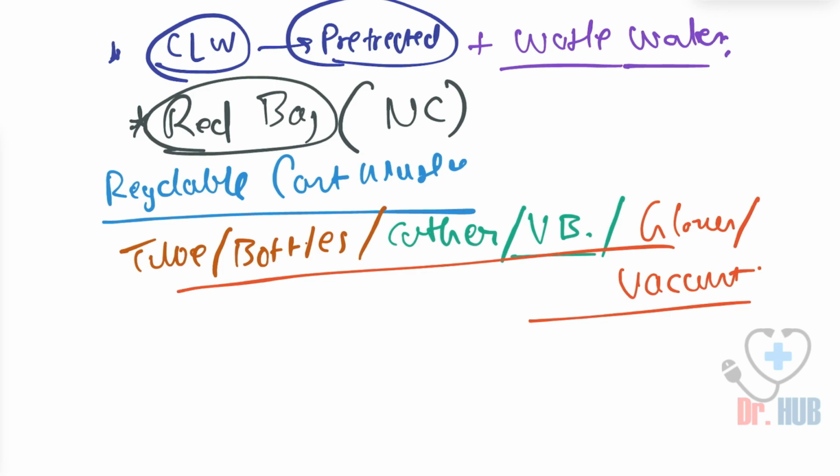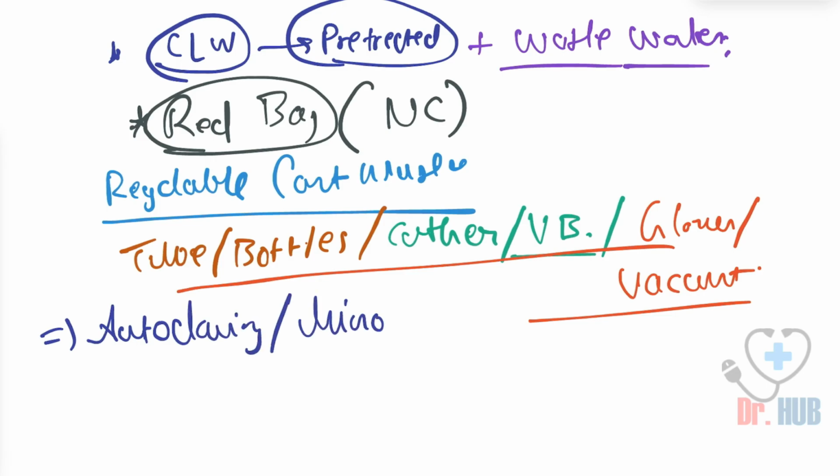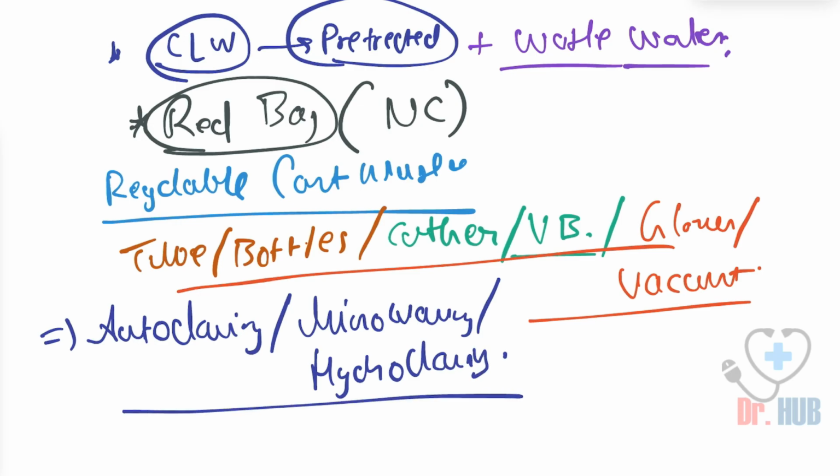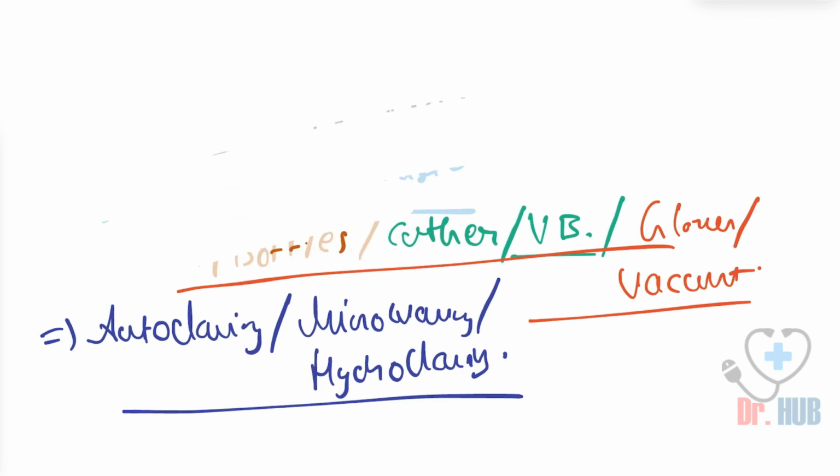And how is it disposed? Disposal is by autoclaving. There is also microwaving and hydroclaving. All this is followed by shredding or mutilation, and later the energy recovery, the plastics to diesel or fuel oil, road making.